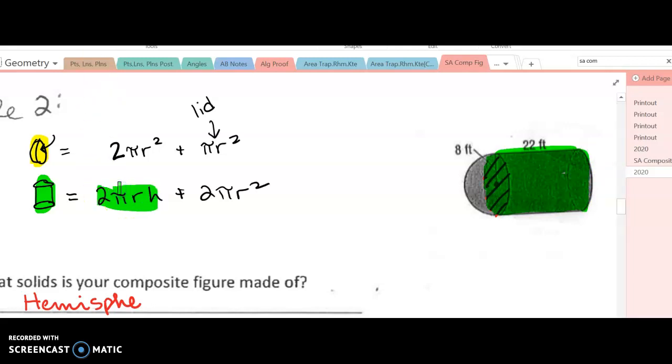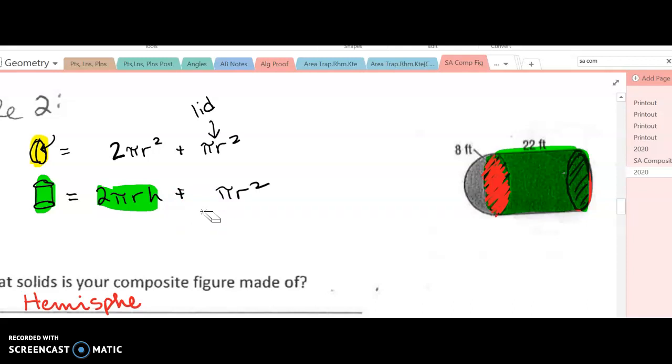And we have the circle on the bottom would be exposed to air, or if you want to think of it as dipping in paint, it would be dipped in paint. But this one on the inside, we don't need the surface area of that because it's on the inside. It's not an outer surface. When we go to find surface area, we only care about outer surfaces. So we're just going to make this 1 pi r squared.